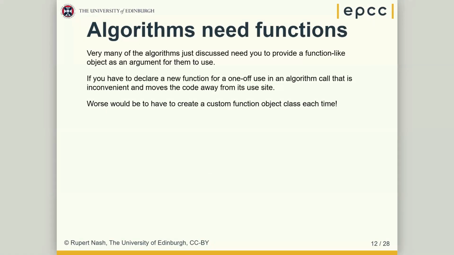Many of these algorithms need to be provided a function-like object as an argument. If you have to declare a new function for one-off use in an algorithm call, that's kind of inconvenient. The code may end up looking quite messy, because you probably don't want to put that in some form of utilities header, where it will get lost or get confusing because it moves code away from where it's used, or you've got to create some custom function object each time. That's not great.